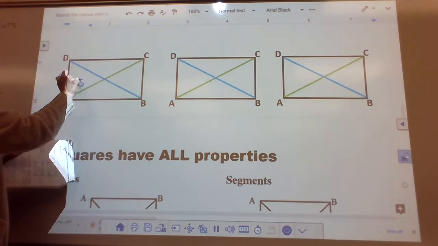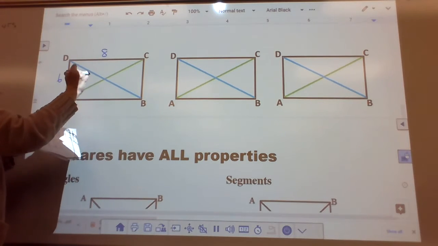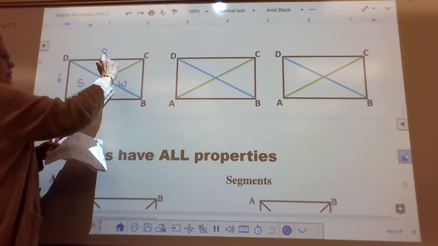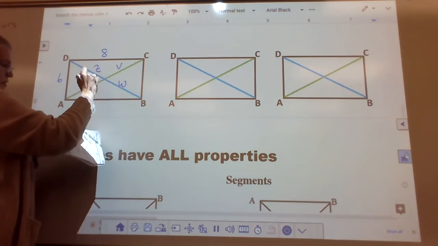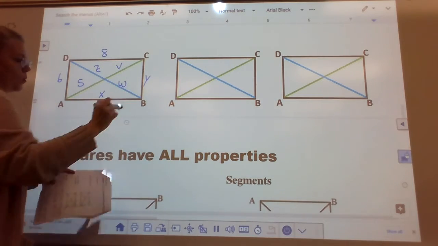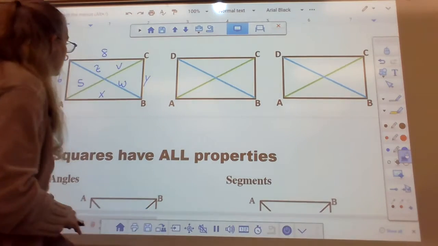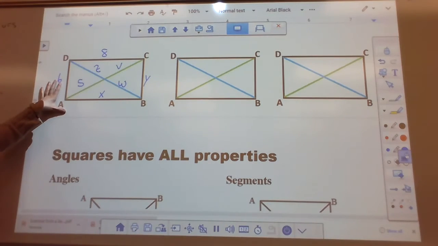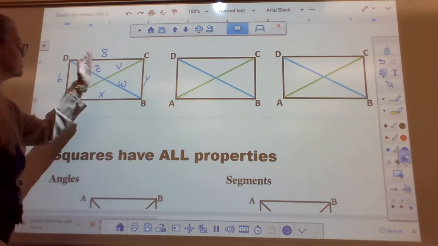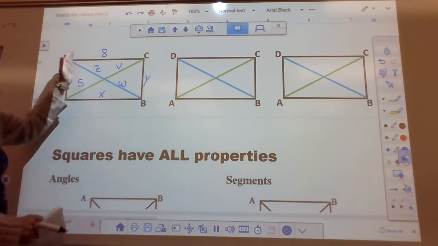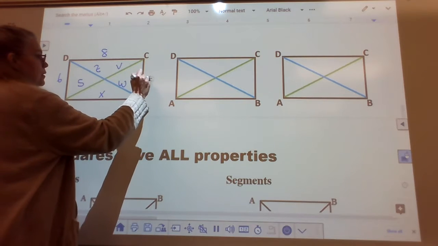6, 5, 8. I'm going to go W, V, Z, X, Y. Well, remember, a rectangle is still a parallelogram. And with a parallelogram, we know opposite sides are congruent. So if this is 6, this is 6.